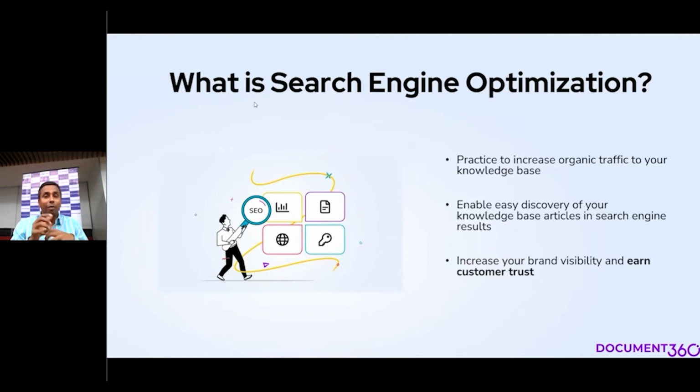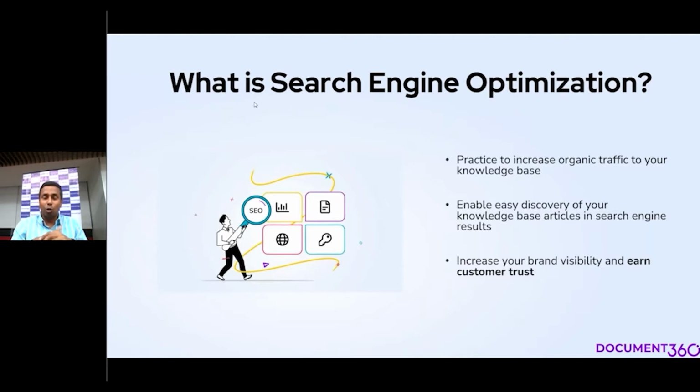The reason why we do that is because we want to be visible on the internet to all our users across the globe, such that they can actually find us through some search keywords they put in the search box. So we enable the discovery of our own products and services through our website and make them available in front of our customers or the potential prospects we have. So that's the main purpose of doing SEO.